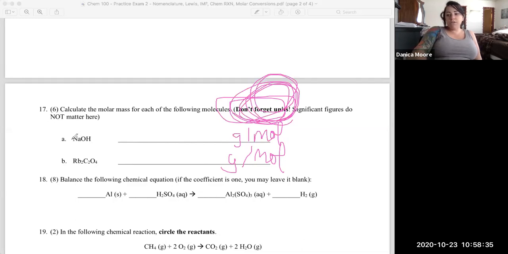So here we have sodium, which has a molar mass of 22.99, plus oxygen, 15.999, plus hydrogen, 1.008.